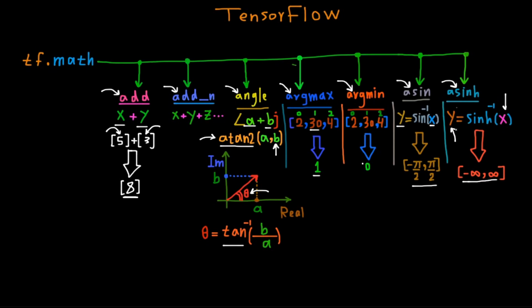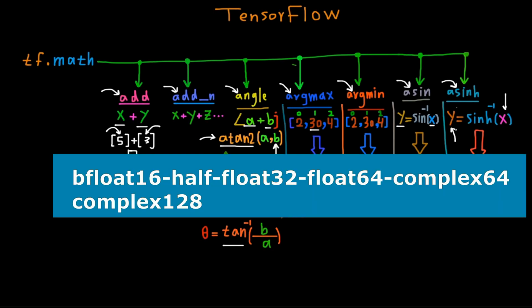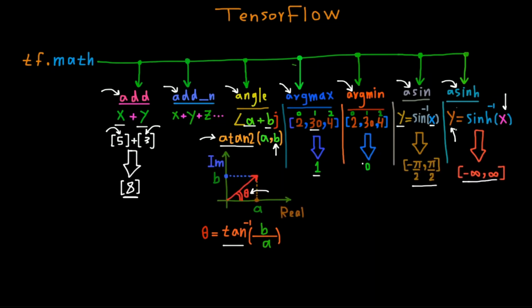This function has two arguments. The first one is x, which is a tensor that must be one of the following types: bfloat16, half, float32, float64, complex64, and complex128. And the second argument, name, which is the name for the operation.